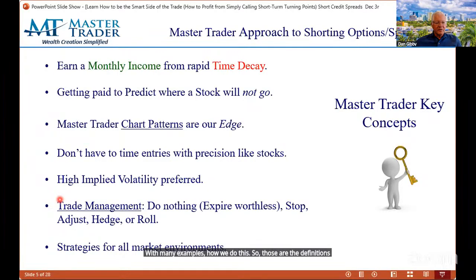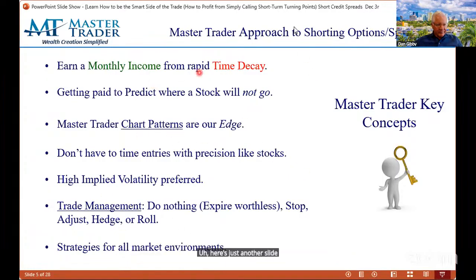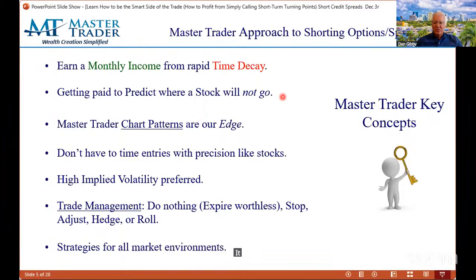We set the groundwork. Here's just another slide discussing why this is such a great strategy. Earn weekly, monthly income from time decay. And as Greg said in the intro, it doesn't have to be a directional setup. It can be slop, slop, slop, but we're looking at the pattern saying that's not going down anymore.